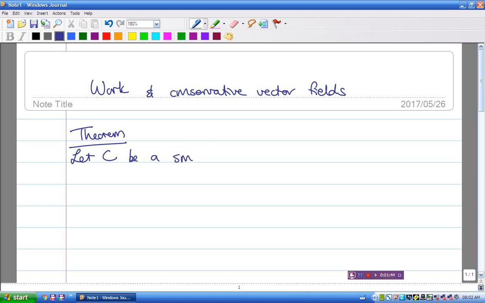Let C be a smooth curve given by the vector function r of t, where t goes from some a to some b, whatever they are.